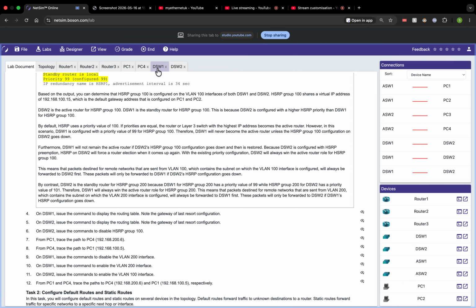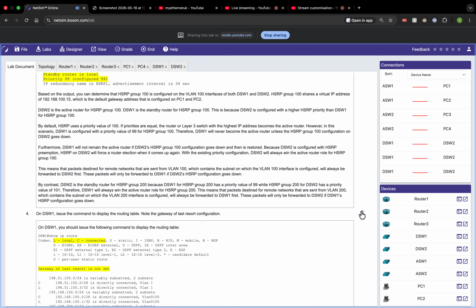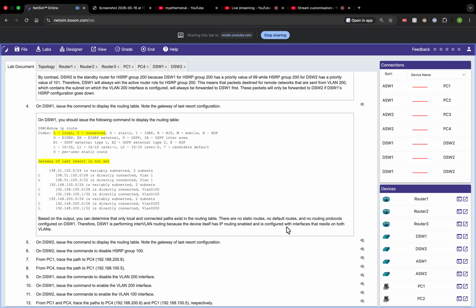This means that packets destined for remote networks that are sent from VLAN 200, which contains the subnet on which the VLAN 200 interface is configured, will always be forwarded to DSW1 first. These packets will only be forwarded to DSW2 if DSW1's configuration goes down.